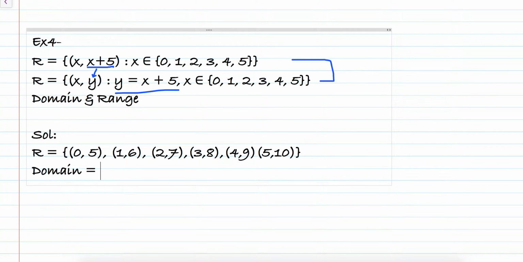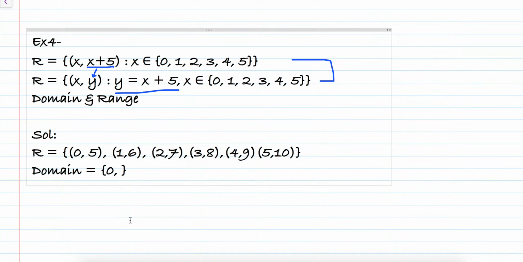So its domain would be all the elements. So basically this we can find plus 5 corresponding to each element. So all of these elements will have some y. So all these are part of the domain, or we can see from here 0, 1, 2, 3, 4, 5, all of these.